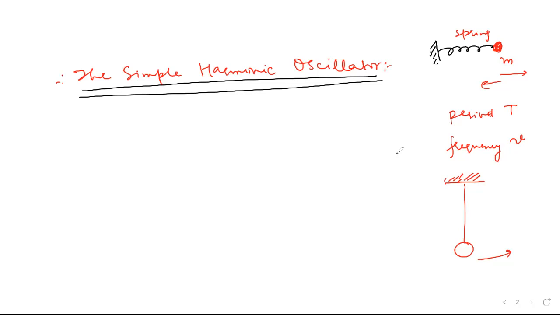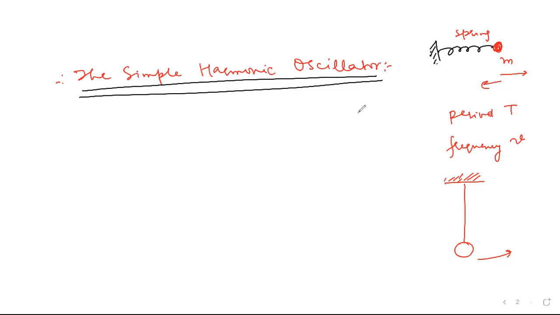Now all these oscillations we can handle through the knowledge of the simple harmonic oscillator. How? Because all kinds of oscillations, for small amplitudes, are like a simple harmonic oscillator.